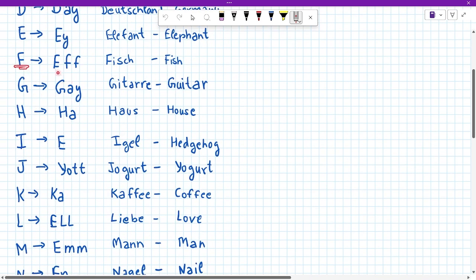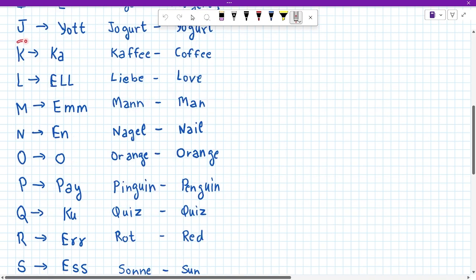F is pronounced as F, similar to English. G is pronounced as G. H is pronounced as Ha. In German, the I is pronounced as E. J is pronounced as Yacht.